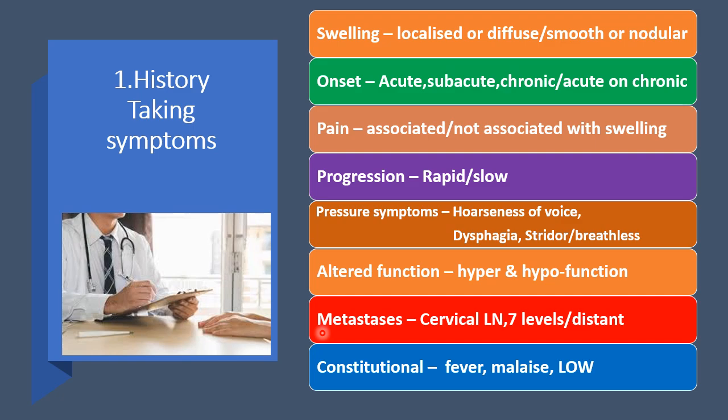Next, symptoms of metastasis: cervical lymph node enlargement, the 7 levels of lymph nodes which we will go through later, and whether there are symptoms of metastasis, especially to the bones and lungs, where they can cause bone pain and breathlessness. Another important thing is constitutional symptoms. When you think of malignancy, you have to think of constitutional symptoms such as fever, malaise, lethargy, and severe loss of weight.